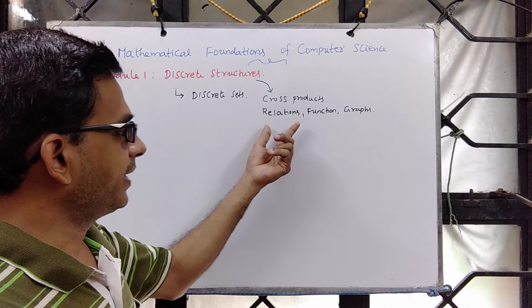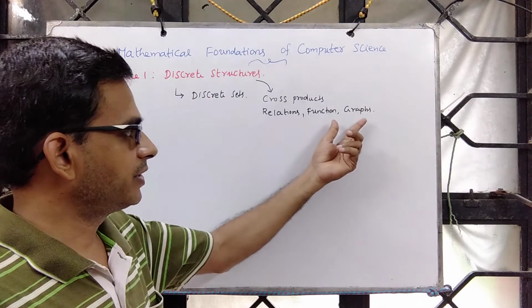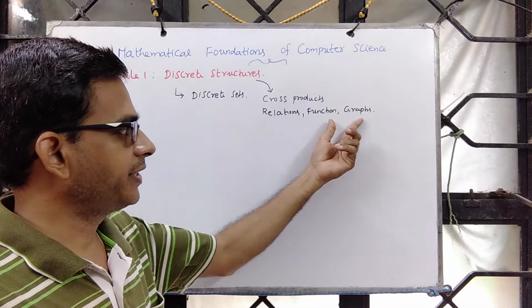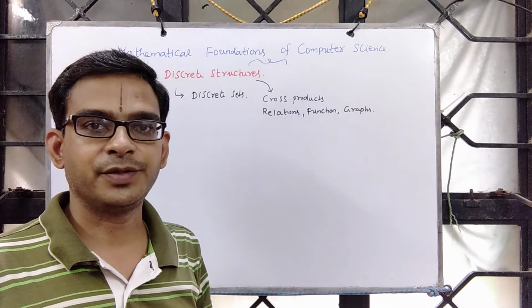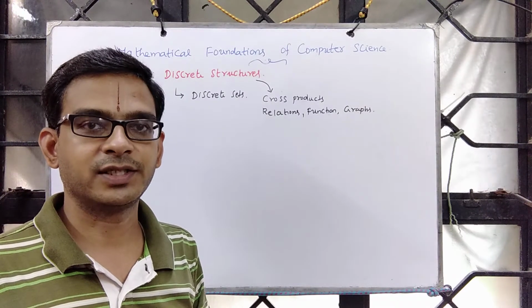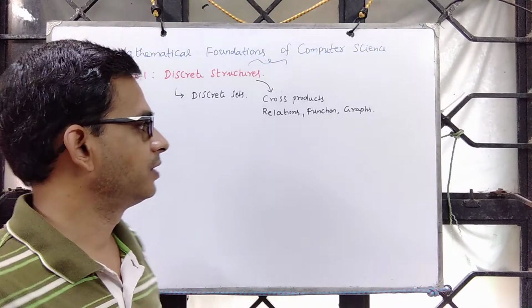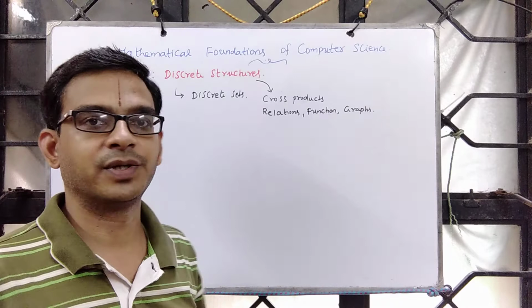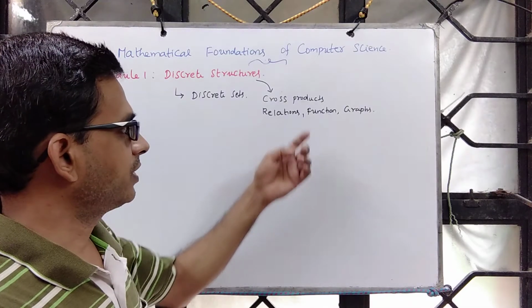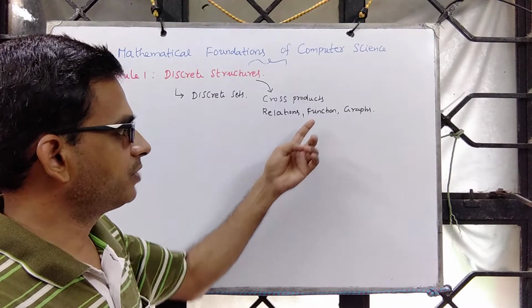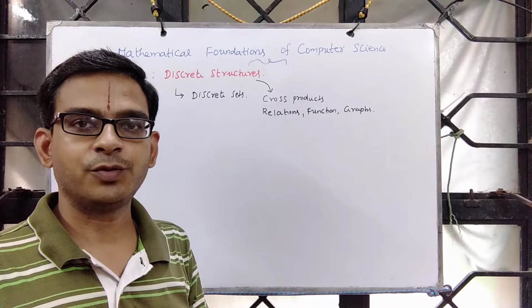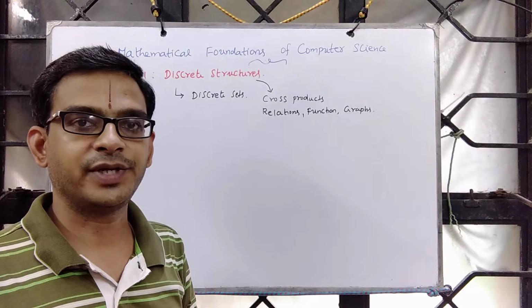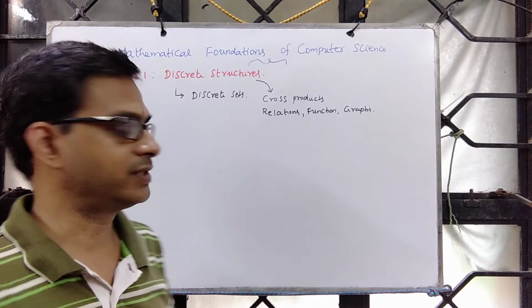And when you try modeling problems in computer networks or operating systems, you get to see a special relation called graphs. We come across directed graphs or undirected graphs and so on. When we come across scheduling problems in operating systems, cloud computing, distributed computing, we come across functions.